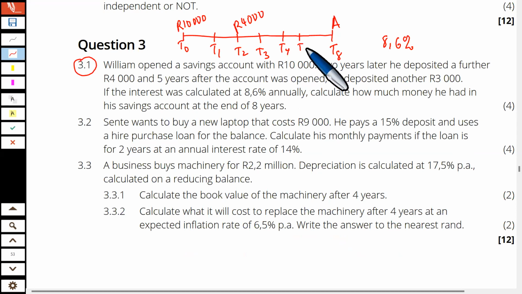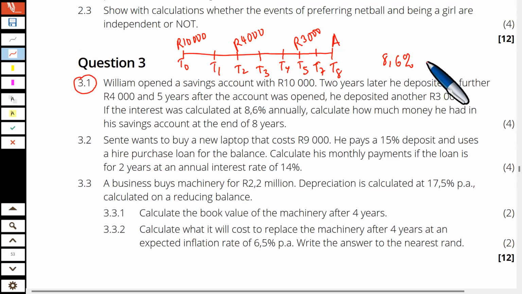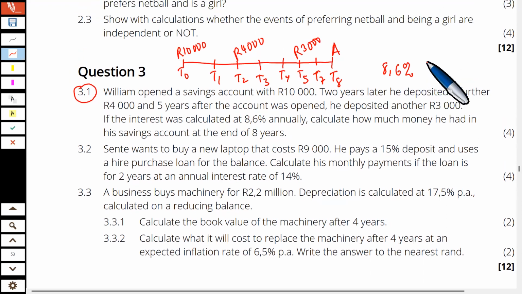So you have T5, T6, then T7, which is in years. 5 years after the account was opened, he deposited another 3,000.